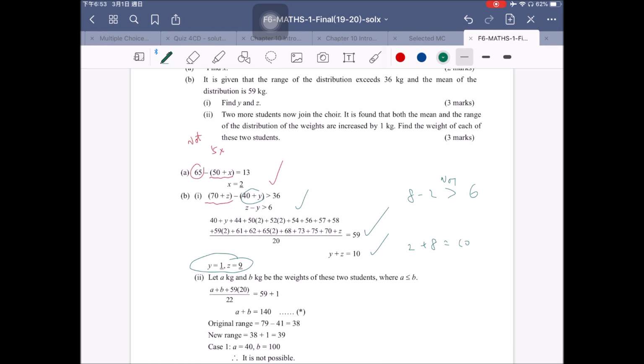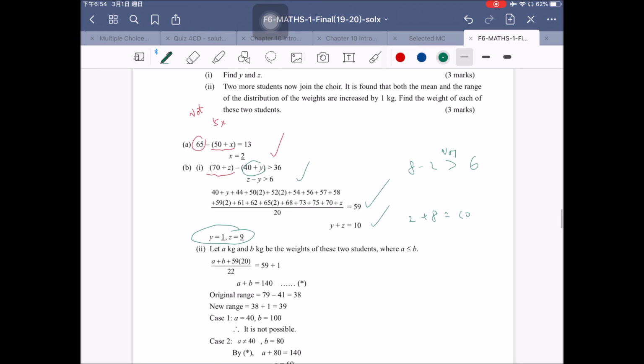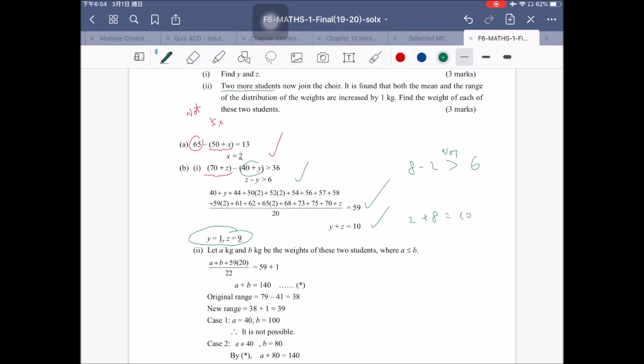And then the last part is a little bit difficult. 2 more students, okay, you don't know the weight of these 2 students. You call it A and B. The mean increased by 1. That is, this will become 60, okay? And the range, what's the range?